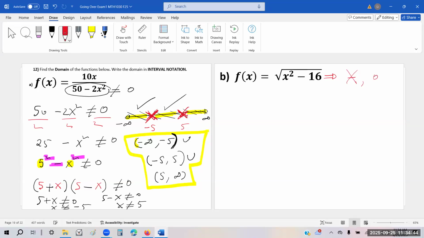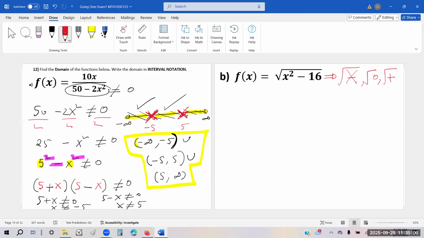Can it be 0? Yes. Can it be positive? Yes. So we can have 0 inside and we can have positive inside. The only thing we cannot have is the negative. We cannot have any negative thing inside.